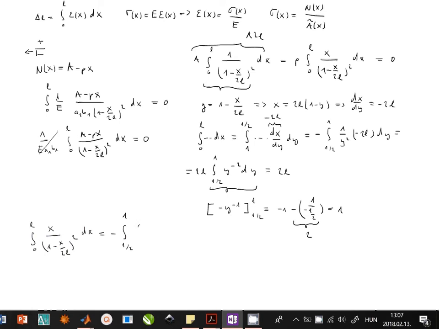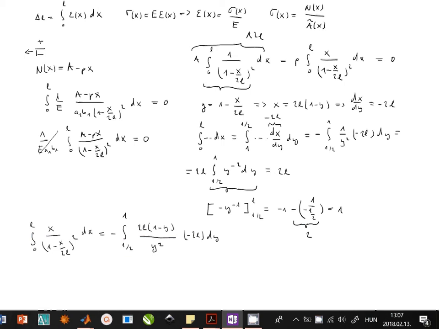For x we had 2L times 1 minus y, and here we had y to the second power, and instead of dx we had minus 2L dy.